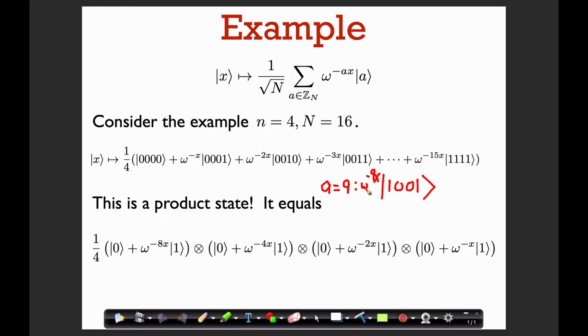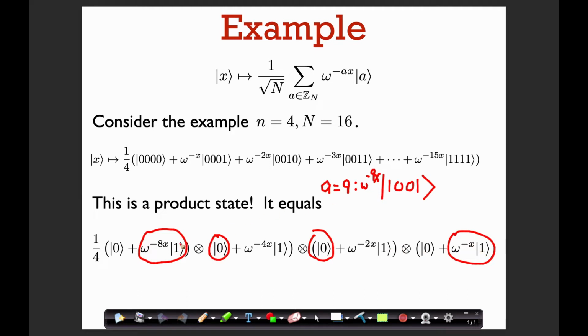And let's see why we actually get that in this tensor product here. So in this tensor product, what is going to lead to the state labeled by 1, 0, 0, 1? We're going to take this term here, then we take a 0 term, another 0 term, and this term. And so then we get 1, 0, 0, 1.